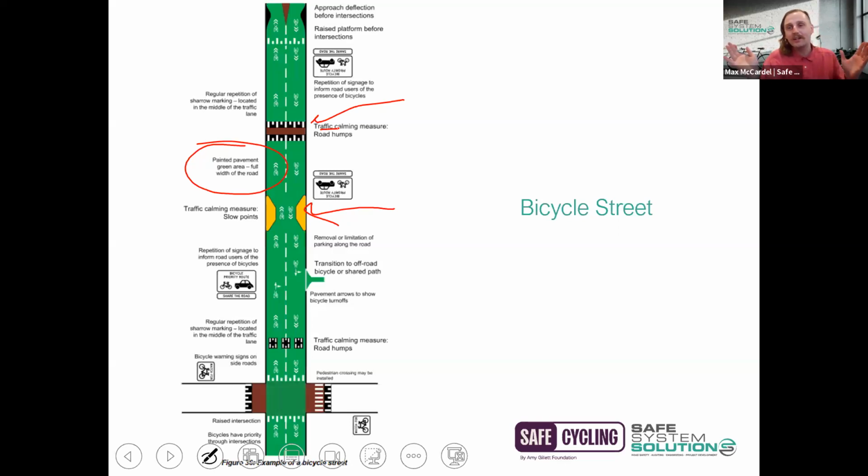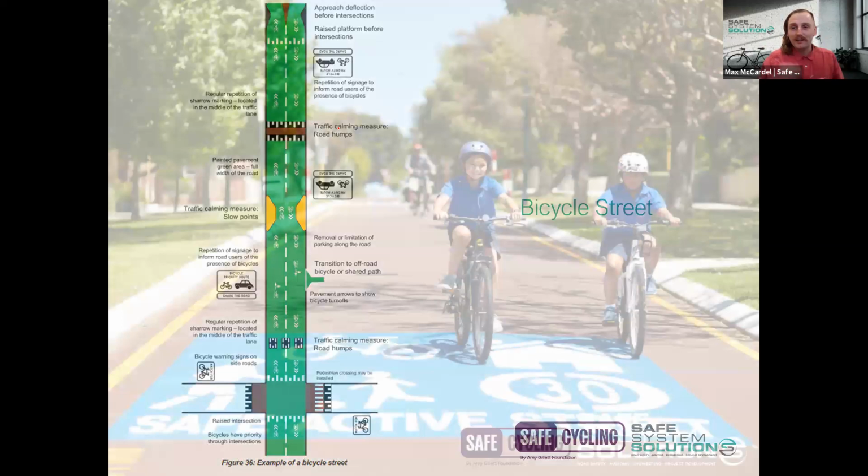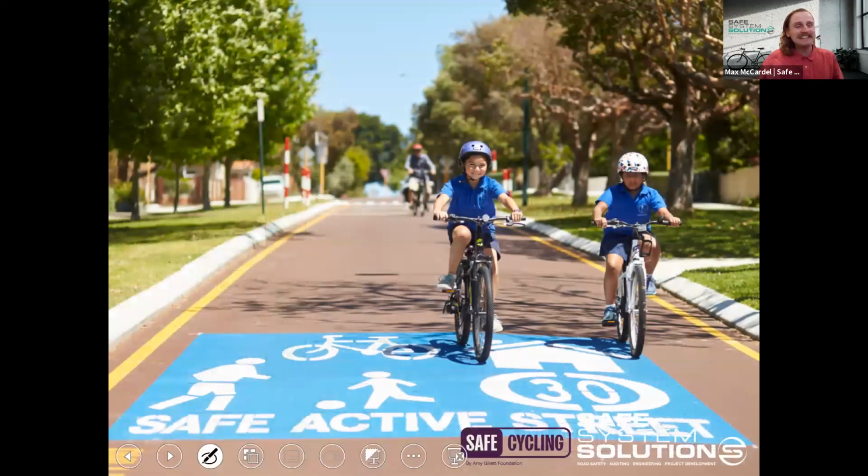So there are a variety of terms that refer to that specific treatment. Over in WA, in Perth, this is Elizabeth Street in the Netherlands. They've got these safe active streets, which is a really cool example. I'd recommend you have a look at that. And it's exactly one of those environments where it's not like there's a separate cyclist facility.